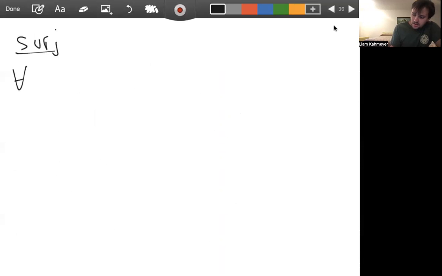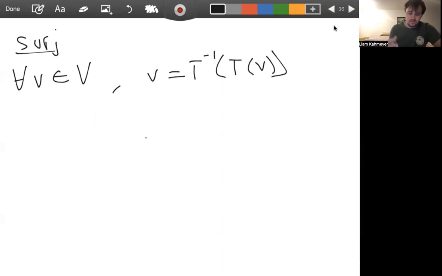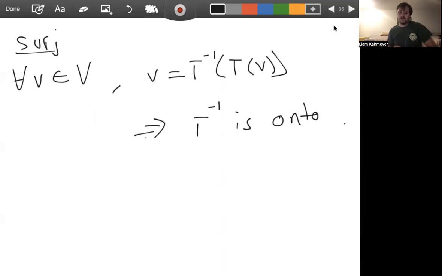For all V in V, we have that V is equal to T inverse of T of V, which immediately shows that T inverse is onto or surjective, right?